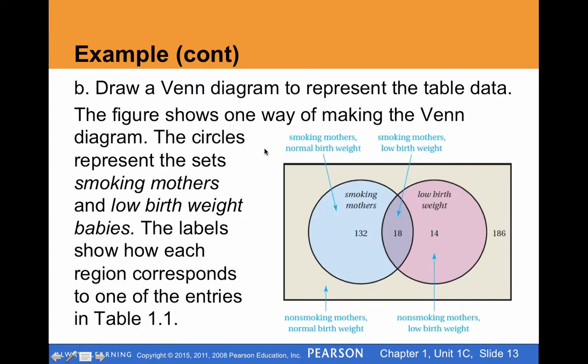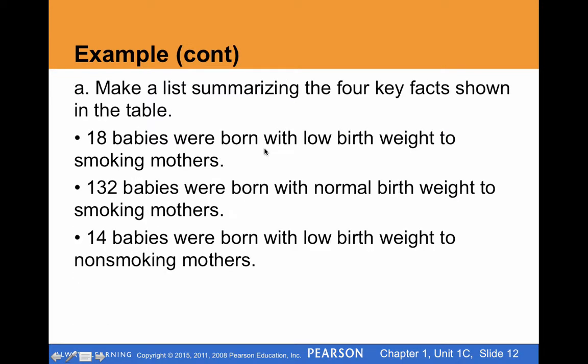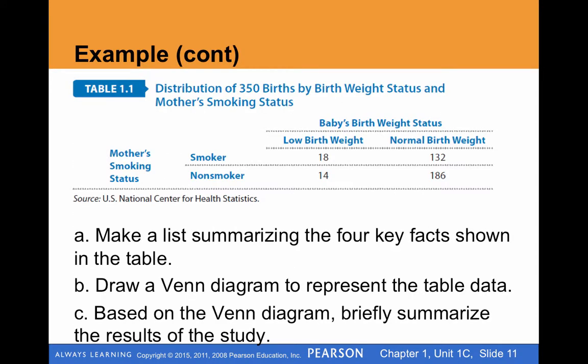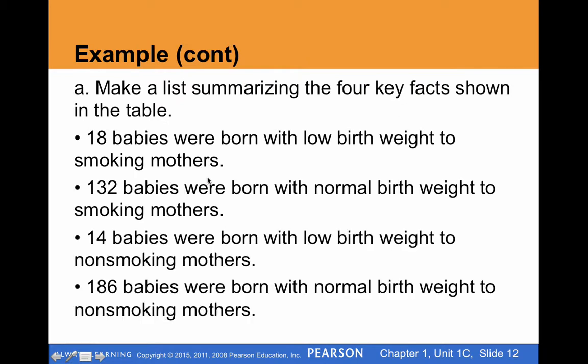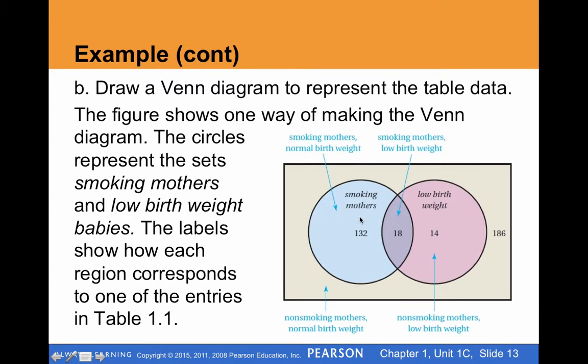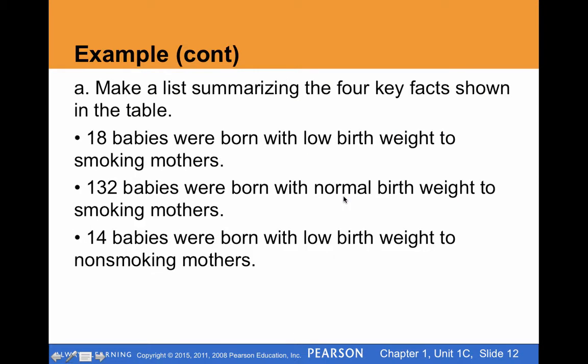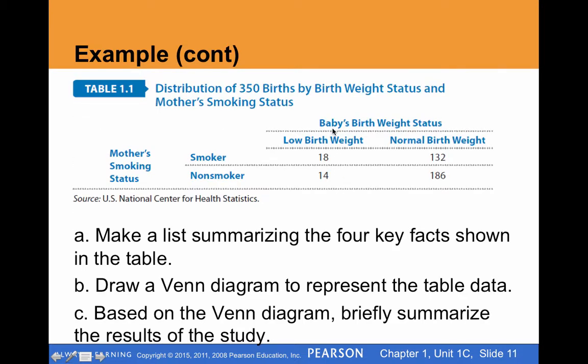Then we could draw the Venn diagram. So the first thing that they asked was smoker or non-smoker. So you'll see on the Venn diagram here that the left circle is just the yes of that first question, smoking. Then the second question they asked, the first response is low birth weight. So they just decided to mix this with this.